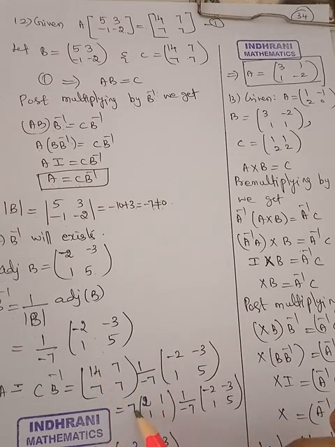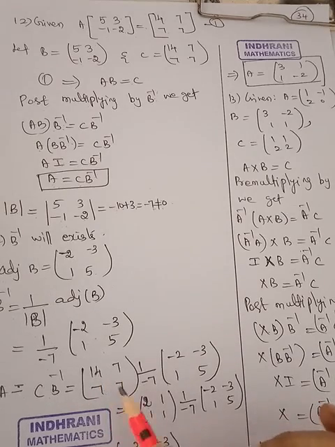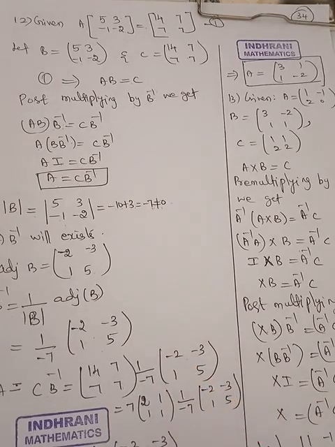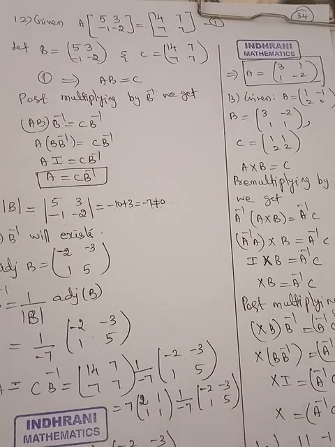If I take 7 outside, you will get 2, 1, 1, 1. This is 1 by minus 7 into the same matrix. So, A is equal to 7 by minus 7 into this matrix into this matrix.